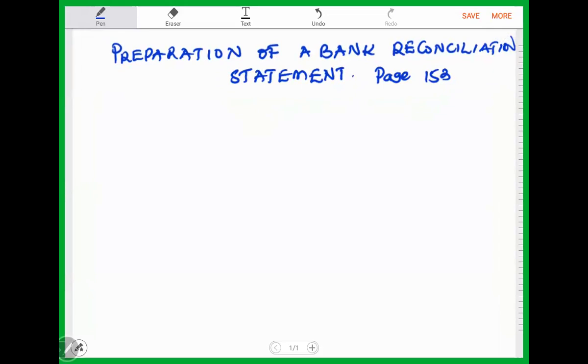So bank reconciliation, normally, you've got to understand the language. Do we have any bankers in this class? Anyone who works for a bank? We don't have any banker.